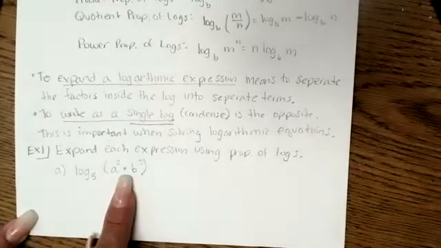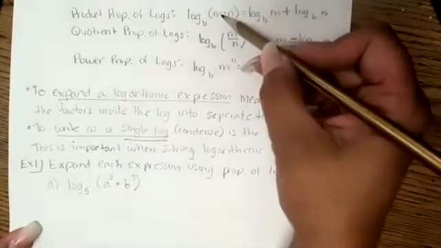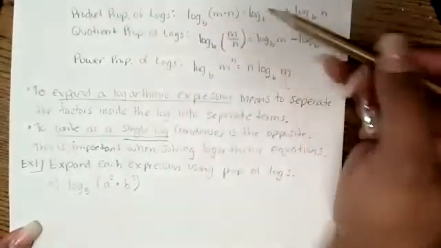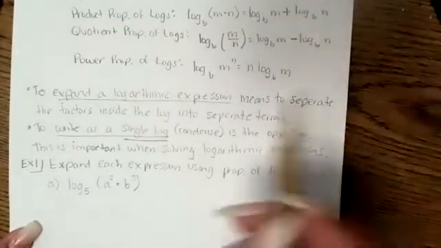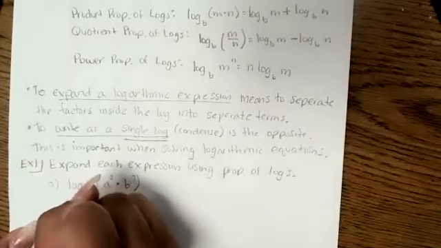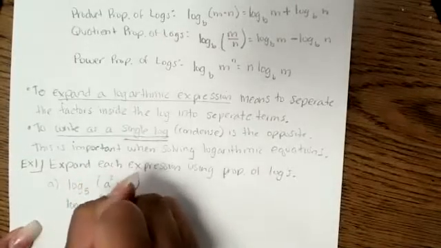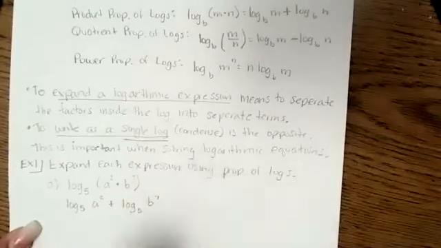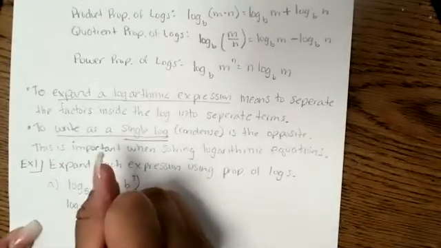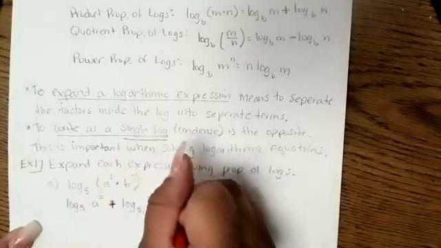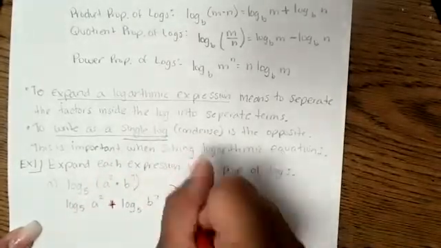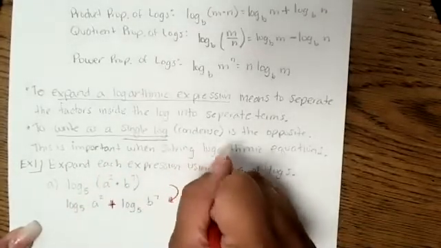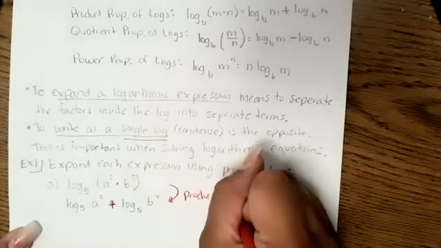And because that's multiplication, multiplication is going to be the product property. So I'm going to separate it with an add sign. So this is going to be log base 5 of a squared plus log base 5 of b to the 7th. So this is an addition. And from here to here, I did the product property of logs.